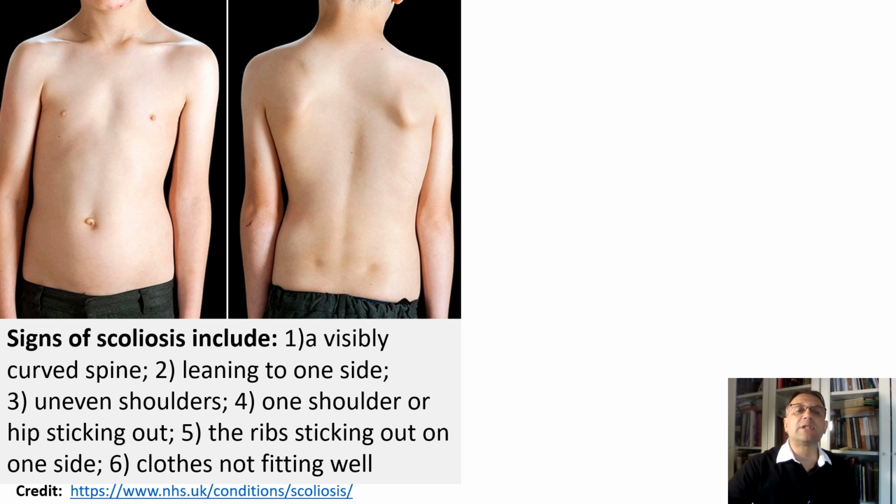Scoliosis can improve with treatment, but it is not usually a sign of anything really serious, and treatment is not always needed if it is mild. Signs of scoliosis include a visibly curved spine, leaning to one side, uneven shoulders, one shoulder or hip sticking out, the ribs sticking out on one side, and as a result, clothes not fitting well.